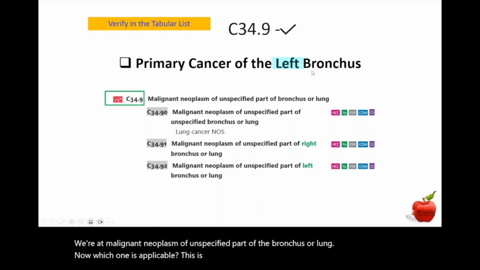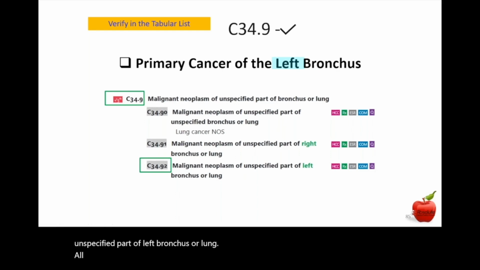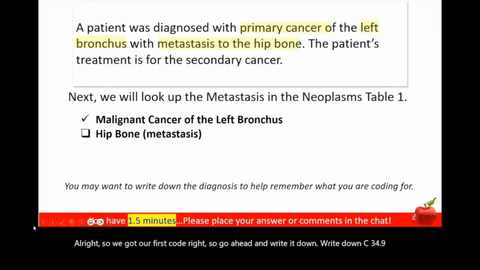This is the left bronchus. So C34.92, malignant neoplasm of unspecified part of left bronchus or lung. All right, so we got our first code, right? So go ahead and write down C34.92. Let's go back so you can see it.